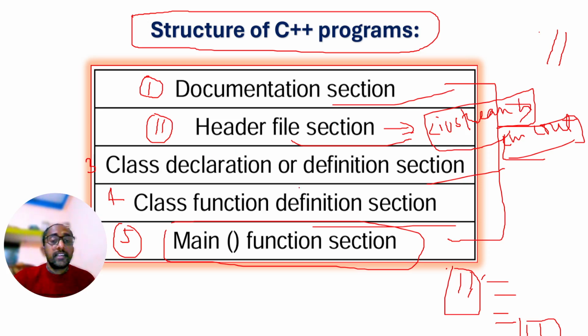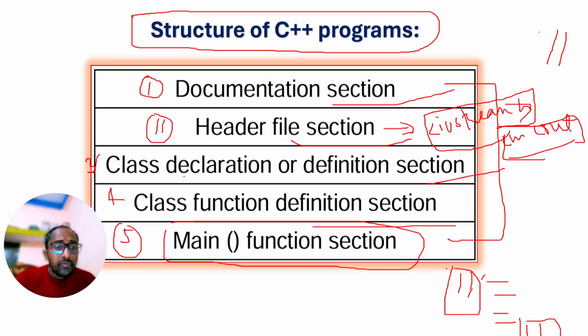Class declaration and definition sections. In this section, users can declare a class before or after main. You can declare a class before main or after main, but it's good practice to declare it before main.